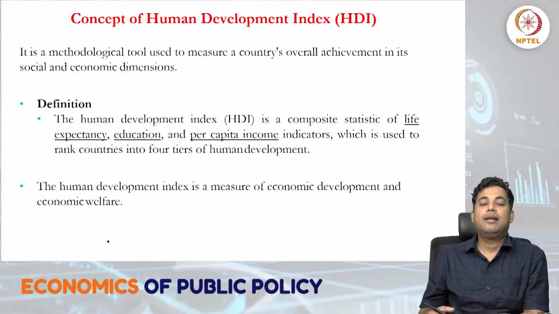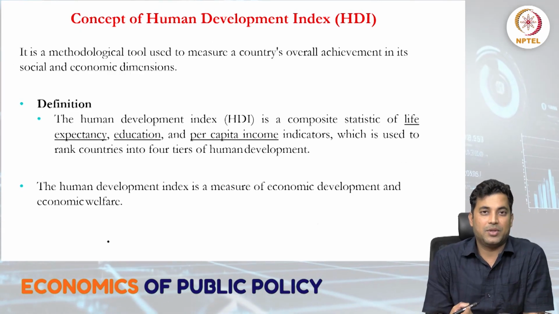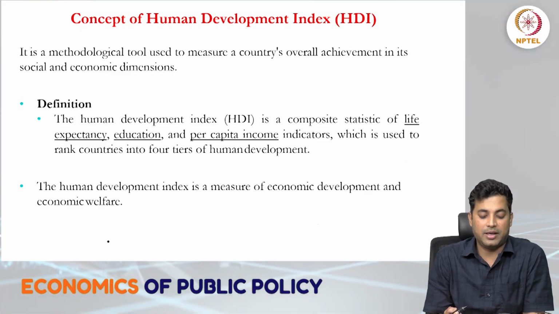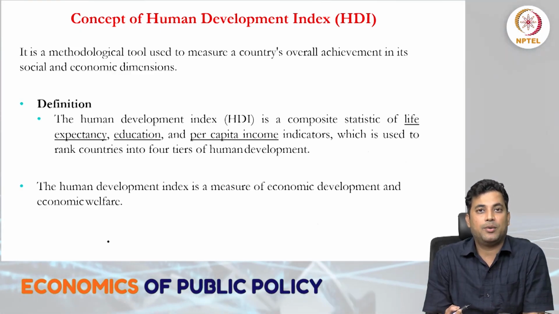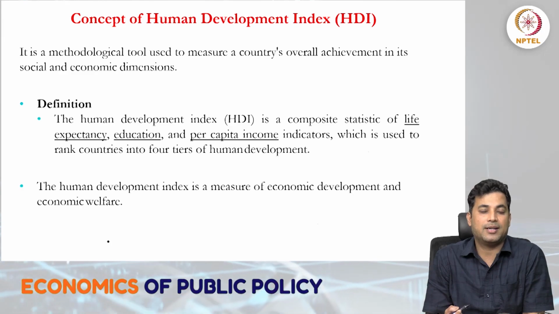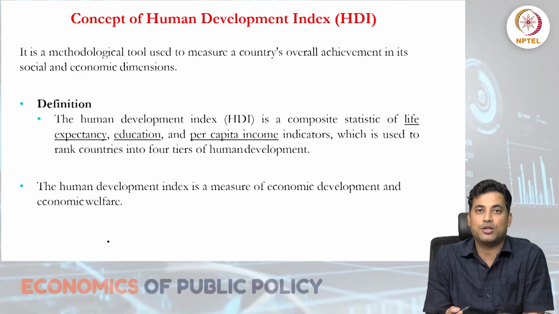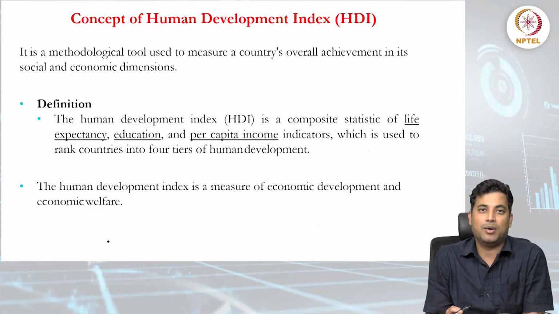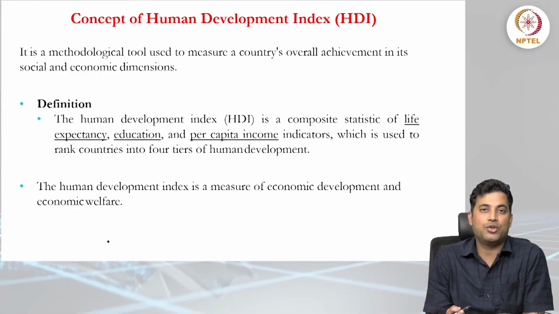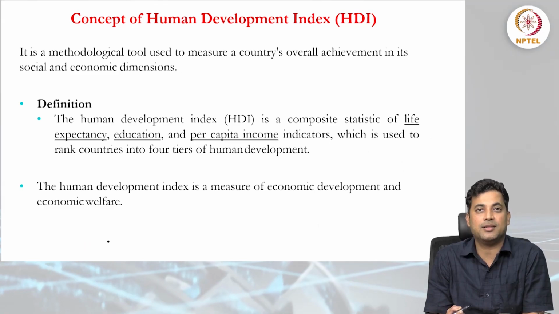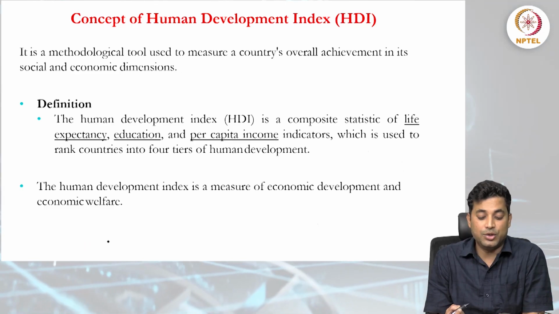There is a history behind constructing the human development index, and one of the ways we try to understand it is that HDI is the application of the capability approach, while understanding choice, freedom, functionings, and being and doing.